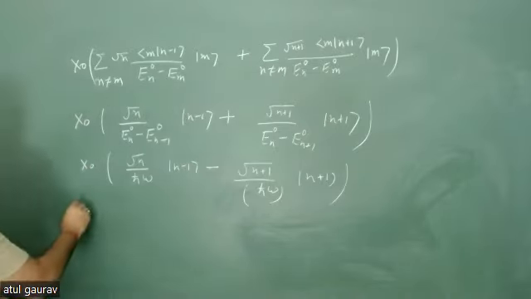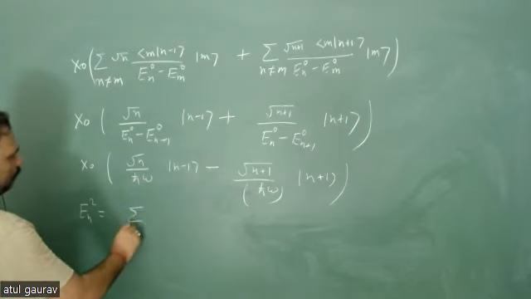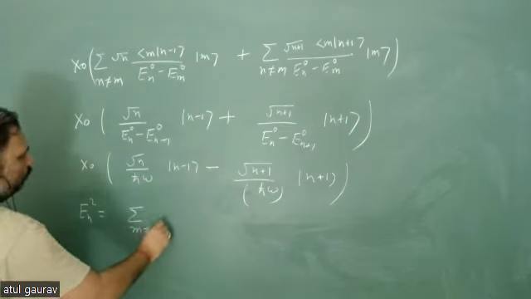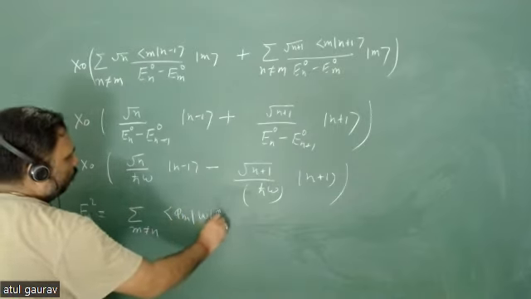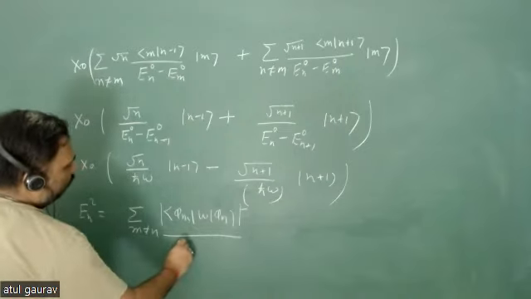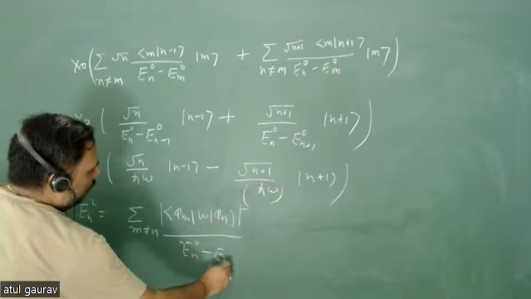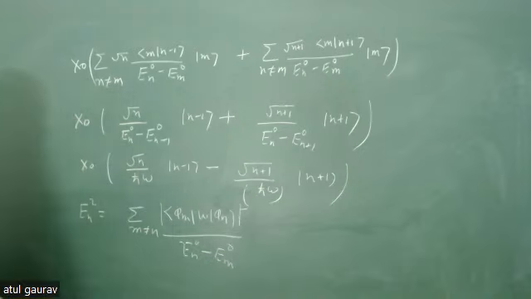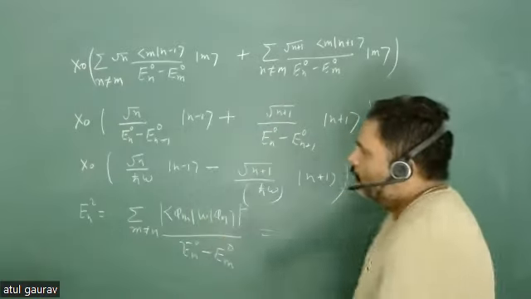So En2 क्या होगा फॉर्मूला? Summation over m is not equal to n phi m w phi n इसका mod square by en0 minus em0 है ना?